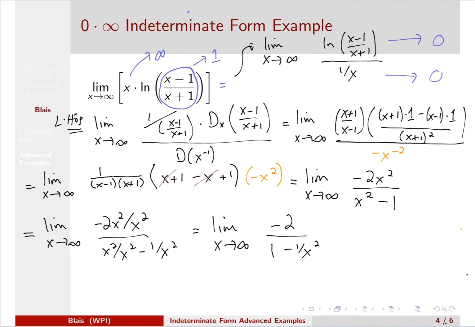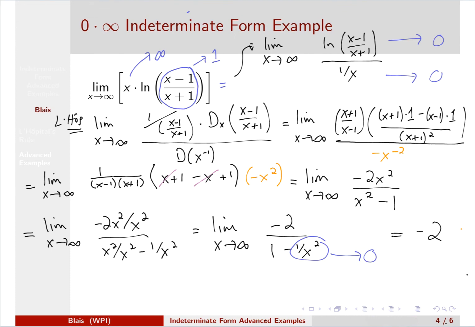And using our limit laws, the limit of the quotient is the quotient of the limits. And then on the bottom, the limit of 1 is 1. The limit of this negative 1 over x squared as x goes to infinity, that term is approaching 0. And the result is an answer of negative 2.